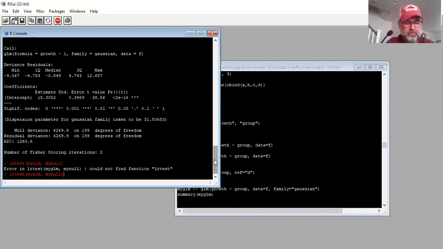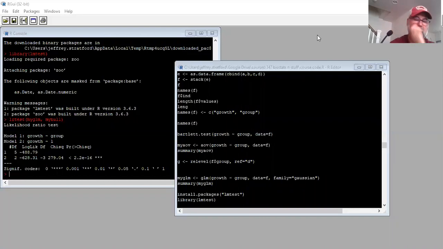LR test. That should have worked. I'm not sure why it didn't. I'm going to pause and step away and then.